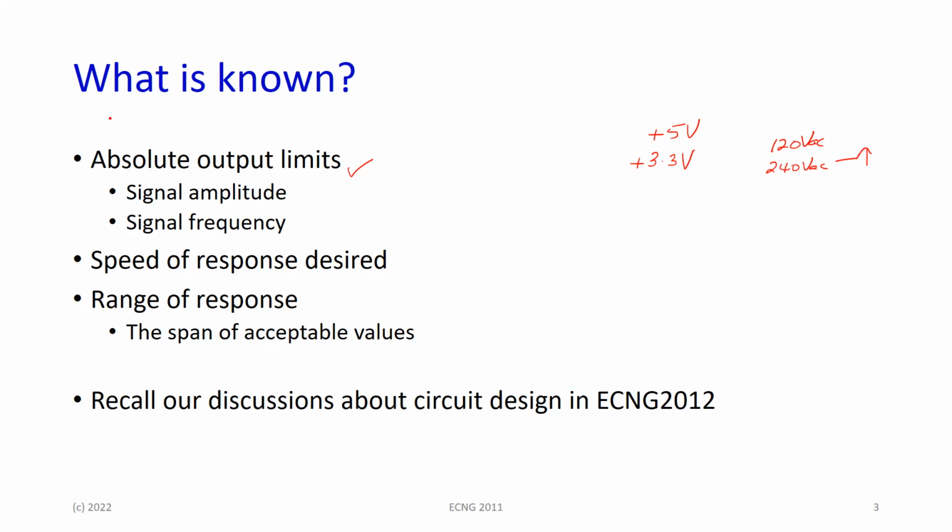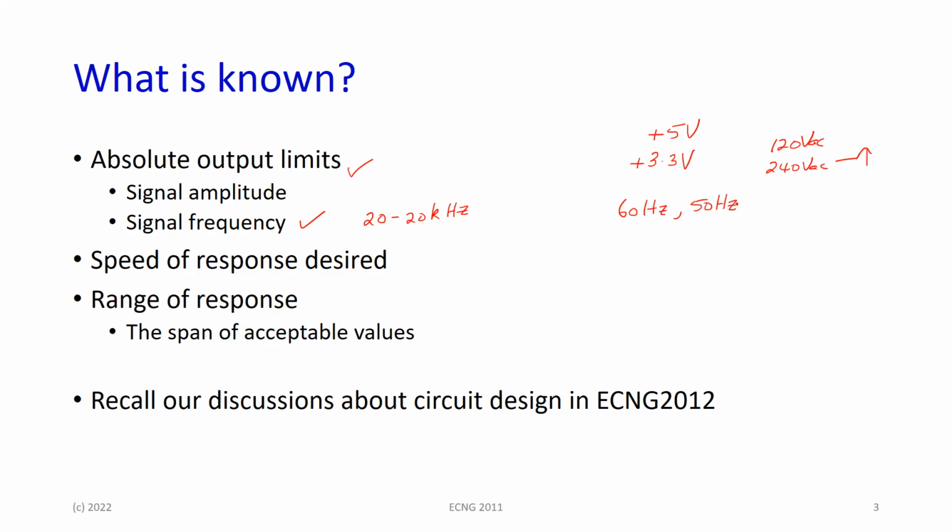You also will know the signal frequency. The signal frequencies are the kind of things that the circuit will be expected to deal with. So if it's audio, you know you're dealing with something like 20 hertz to 20 kilohertz. If it's power generation, you're dealing with 60 hertz or maybe 50 hertz, depending on where you are.